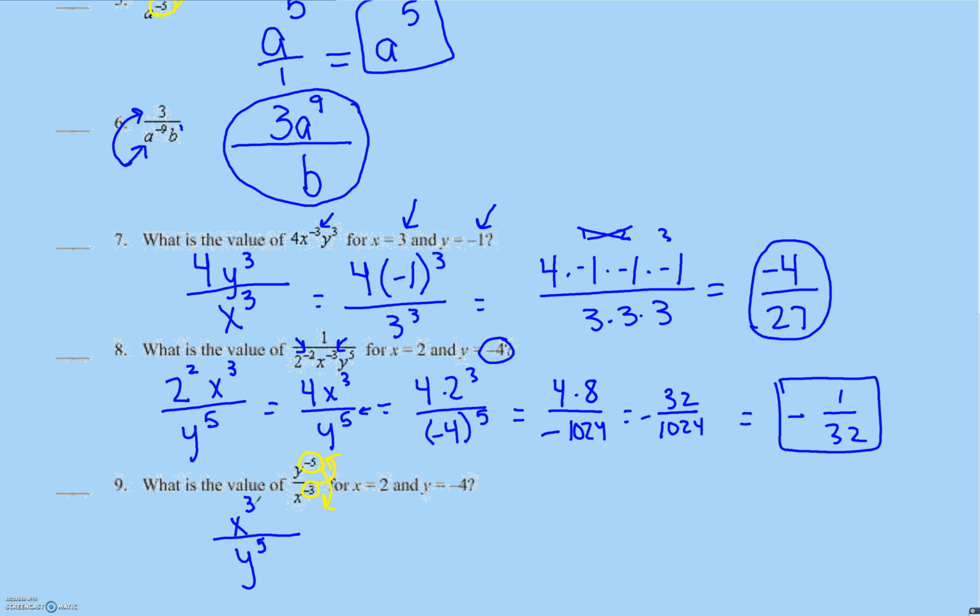Now I can substitute. X is 2 cubed over y is negative 4 to the 5th. 2 cubed is 8. Negative 4 to the 5th power, we just said, negative 1024. And when we simplify this, we're going to get negative 1 over 128. And again, we can simplify that using our fraction key or by dividing by common factors.